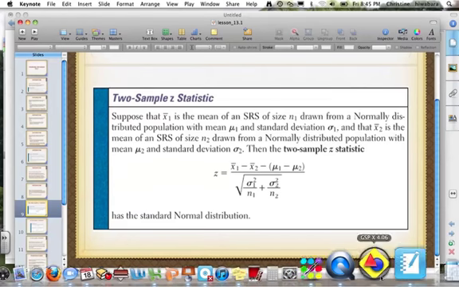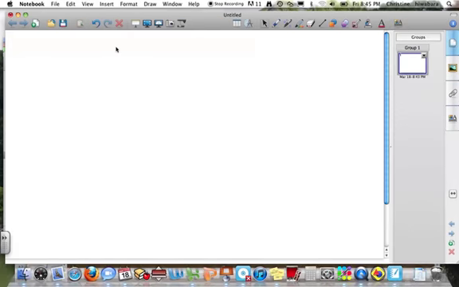All right, so let's do PHANTOMS over here. In doing this problem, we'll start with P. This is your population of interest and your parameter of interest.